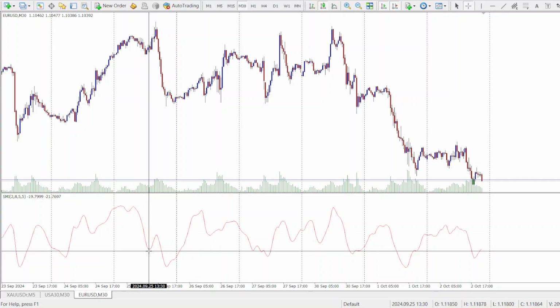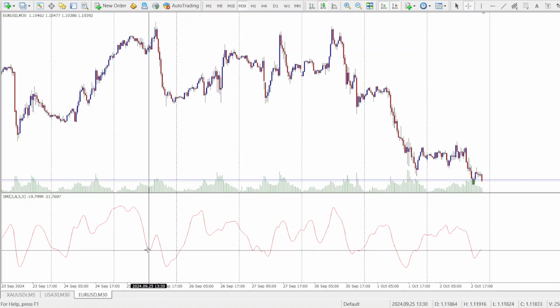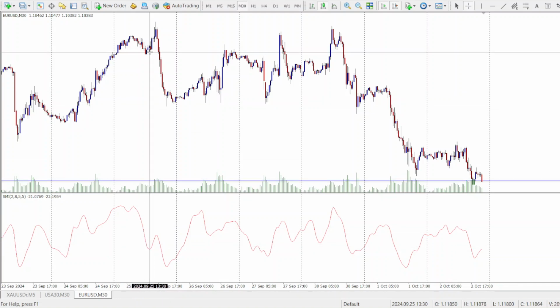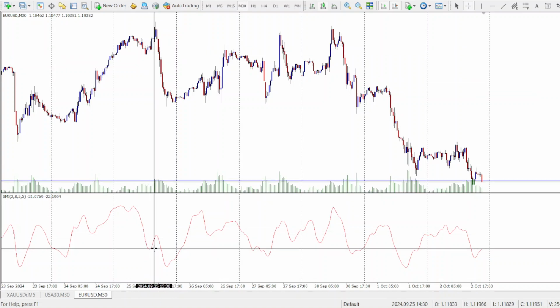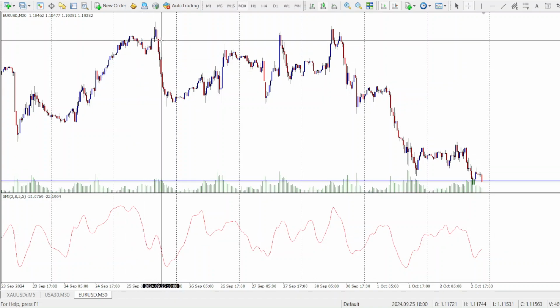But considering the fact that we would have stuck with the signal given to us by the SMI, we would have exited our sell trade around here, and then right after this downward curve, we would have entered another sell.